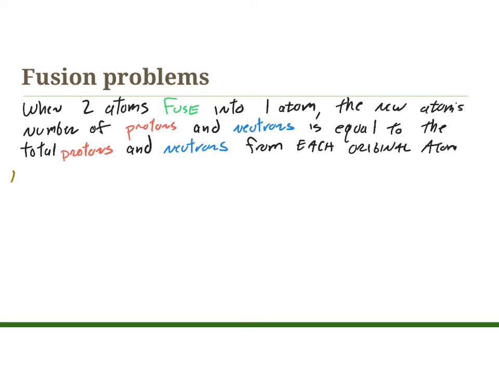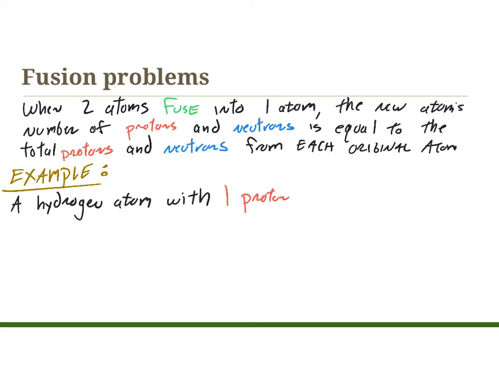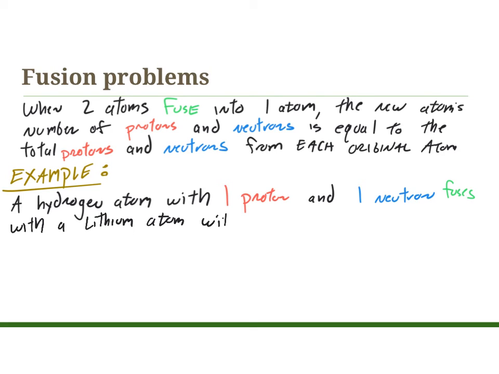So, for example, a hydrogen atom with one proton and one neutron fuses with a lithium atom with 3 protons and 4 neutrons.